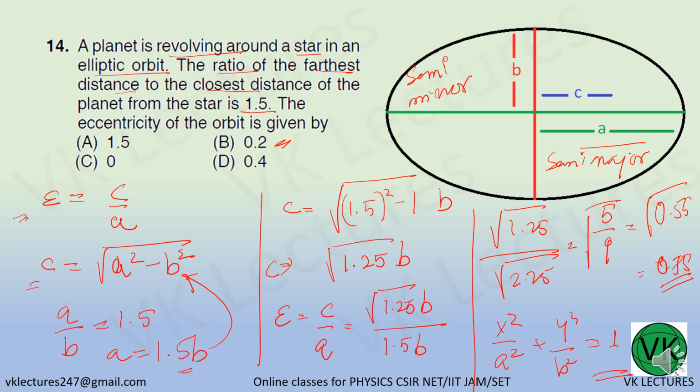Okay, c, as we have already discussed, is given by under root a square minus b square, and this becomes a Pythagoras relation, that means a squared is equal to b square plus c square.